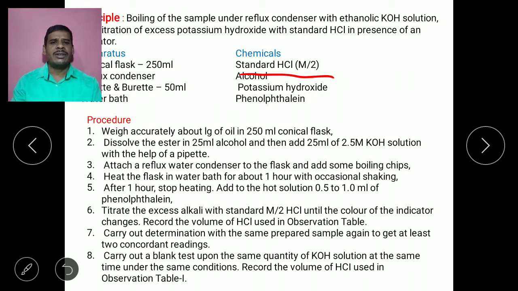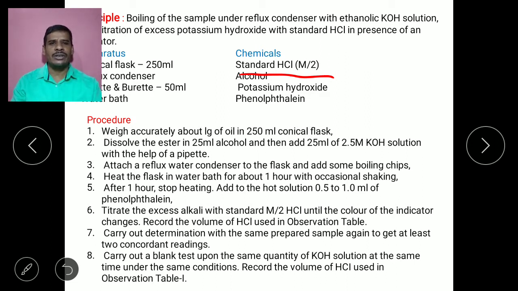At that time we also carry out the blank titration. It means the same titration is also carried out without taking the oil or fat sample, that is the blank titration.